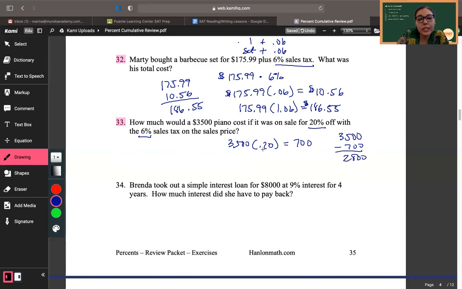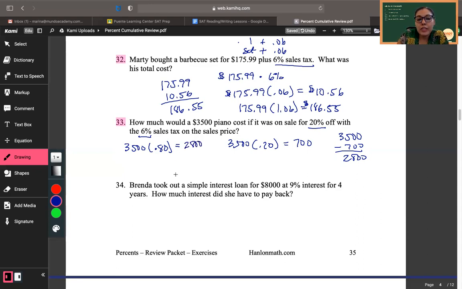Now remember, an easier way to do this is that I could just do 3,500 times 0.80 instead of 0.20. Because if I'm taking 20% off, that means I'm paying 80% of the price. By just multiplying by 0.80, I simplify and don't have to do the whole subtraction, and I still get the same number, 2,800.